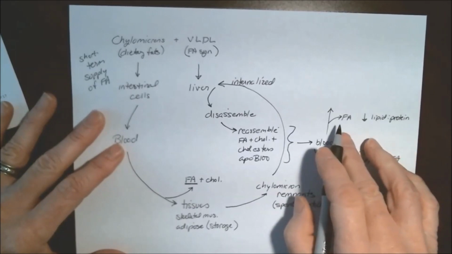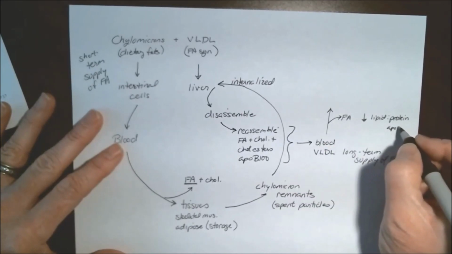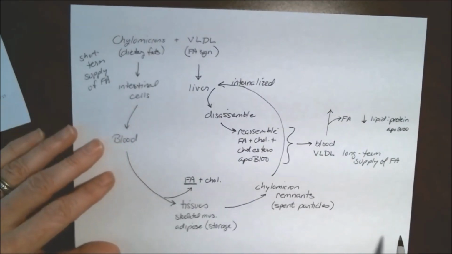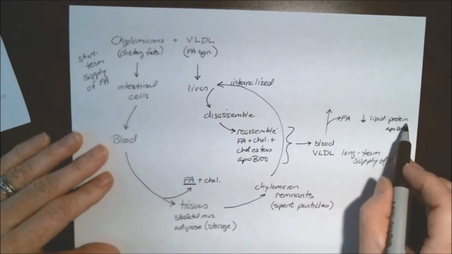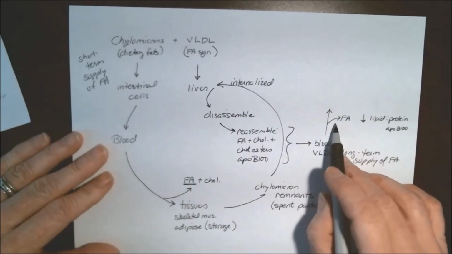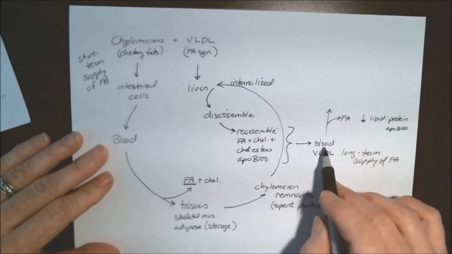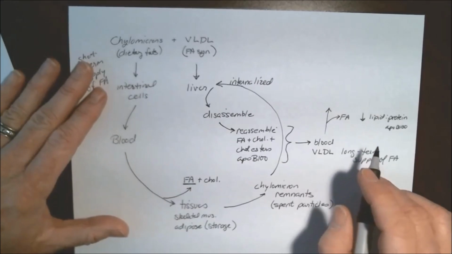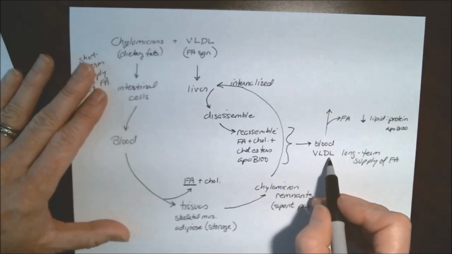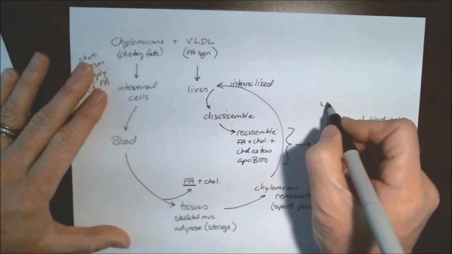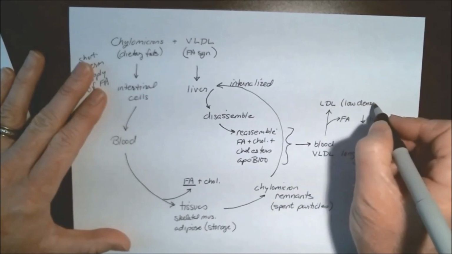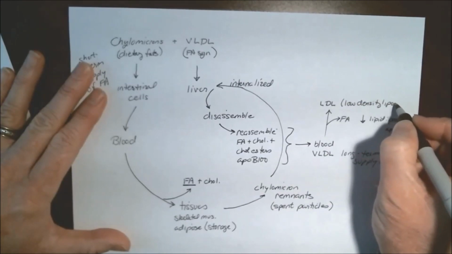Because lipids are being extracted, the protein, recall, is primarily ApoB100. We'll see other accessory proteins later. But the protein concentration is going to roughly stay the same. The lipid concentration is going to be decreasing because we are continually extracting fatty acids from the VLDL into tissues. As this happens, the density increases, going from very low density lipoprotein to low density lipoprotein.